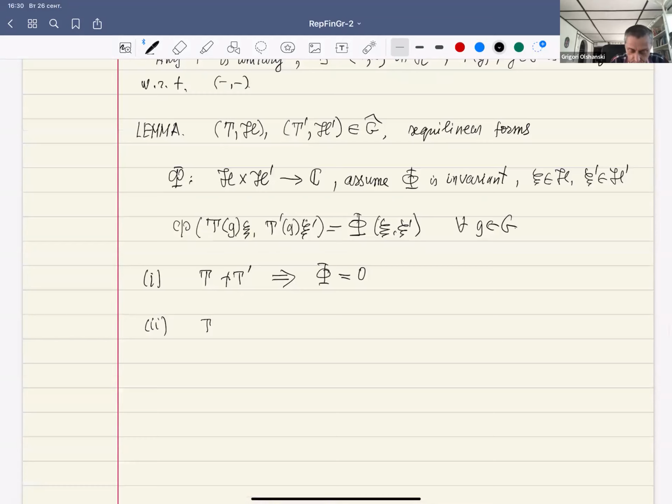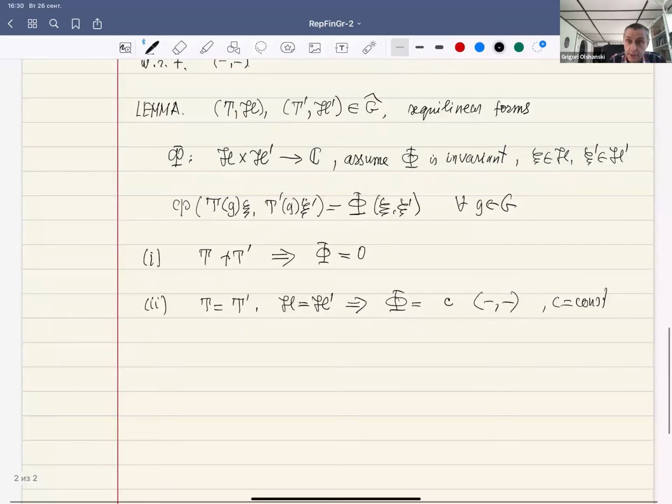So simply we assume that T is equal to T prime, and so H is the same as H prime. And then it follows that phi is proportional to the scalar product. So up to some constant, we have this relation, which is satisfied for the scalar product, and there are no other possible sesquilinear invariant forms.